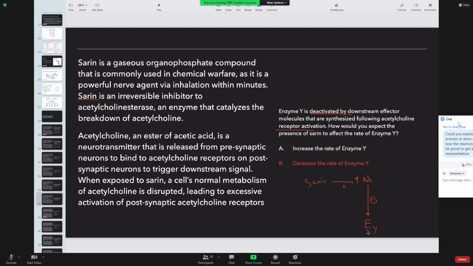Acetylcholine deactivates the rate of enzyme Y. More serine equals more acetylcholine signaling, meaning further decreased rate of enzyme Y. Serine blocks acetylcholine degradation. If we're blocking acetylcholine degradation, we'll have more of it. More serine means more acetylcholine, which means lower activity of enzyme Y. That makes sense.